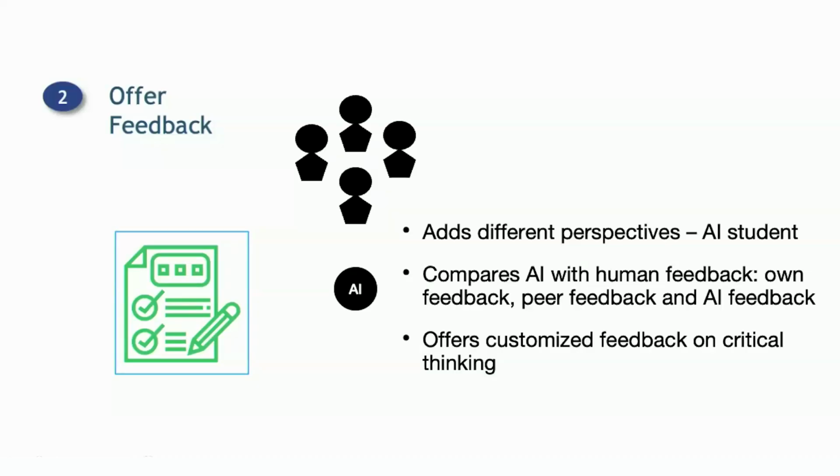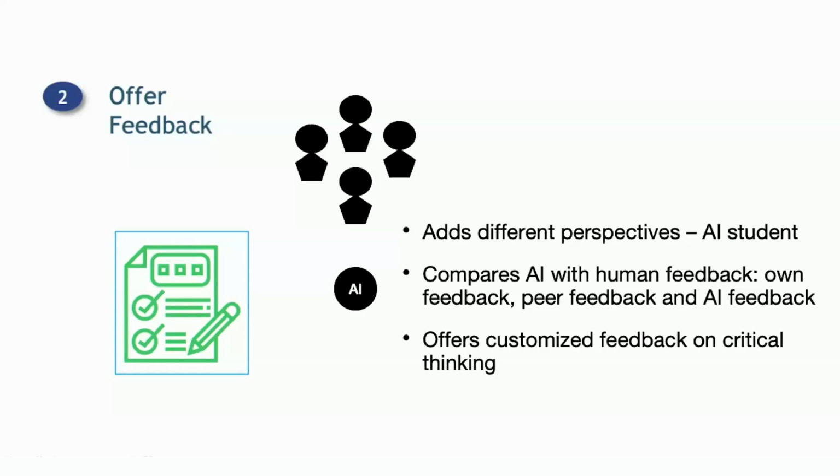In addition to these 4 peers, there will be an AI student. We want to do a couple things with this AI student. One is that we want the AI student to provide additional perspectives. In addition to these 4 real human students, the AI student may provide something new.